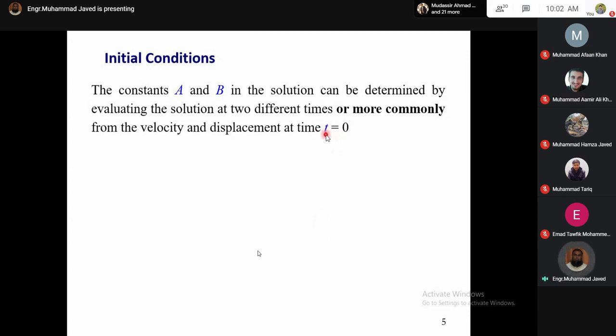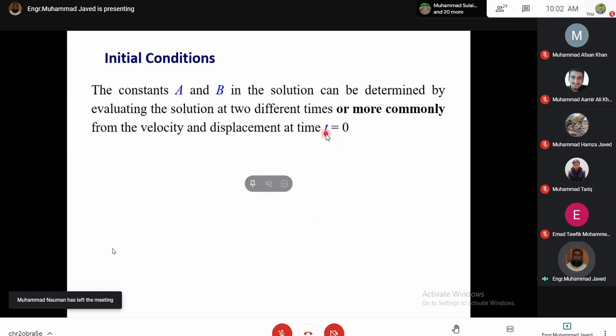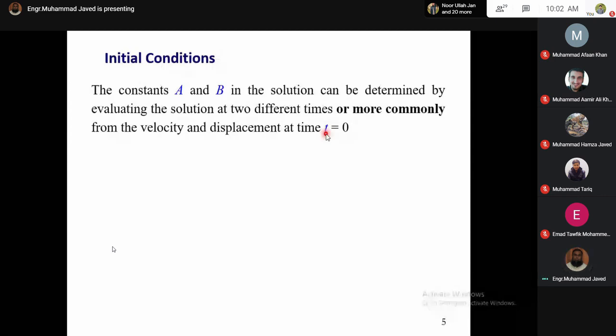At the start of free vibration, t will be 0. So the common convenient method is to use the value of displacement and velocity at t equal to 0 to find these constants A and B.